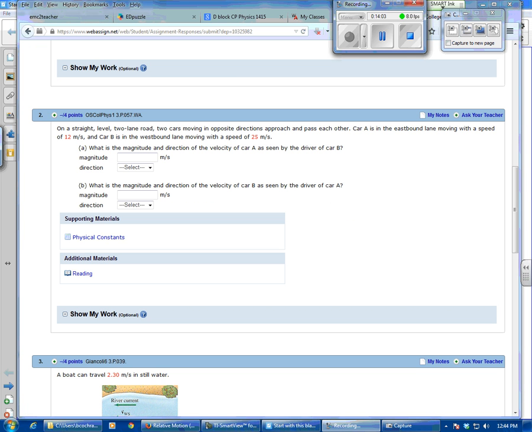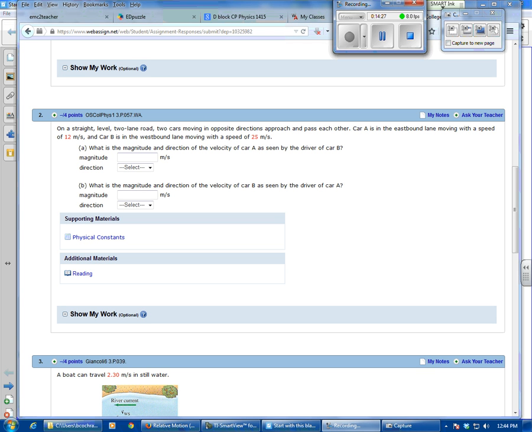All right, let's look at number 2. Number 2 is very, very similar to number, whatever one we just did. What was it? 4? But in this case, our cars are moving in opposite directions, right? Eastbound and westbound. So again, we have 3 frames of reference.